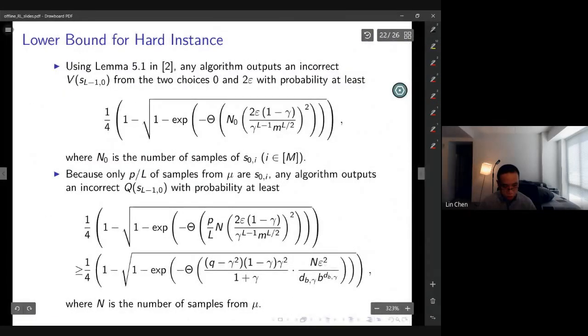and using some classical result in learning theory, we know how many samples we need to distinguish these two distributions, and we need this many.